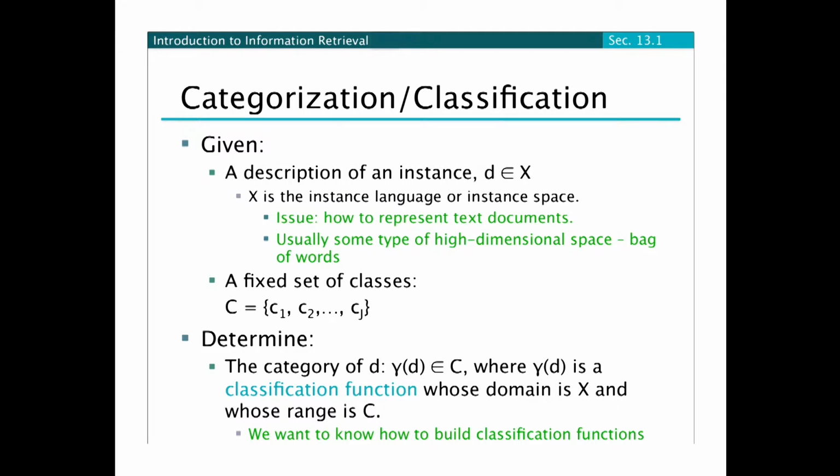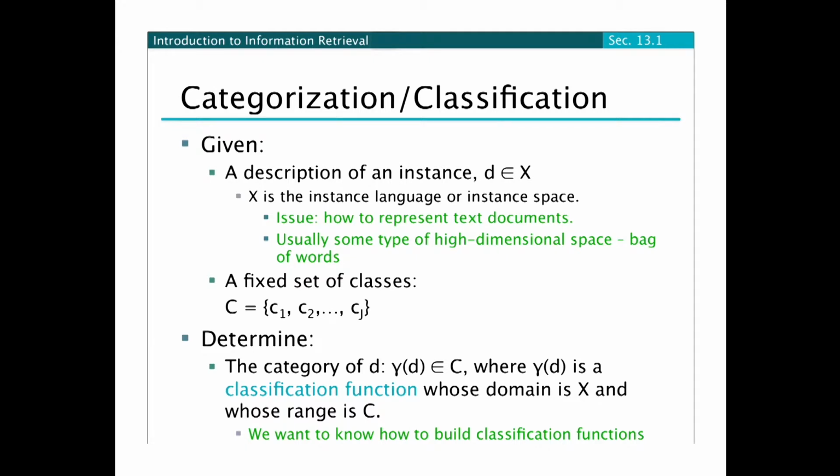For example, let's say you have something to classify. For us, something to classify will be a document with respect to a set of categories. For example, Chinese food, motorbikes, housing, and so on. So you're given a document and you want to automatically assign this document to one of the classes.